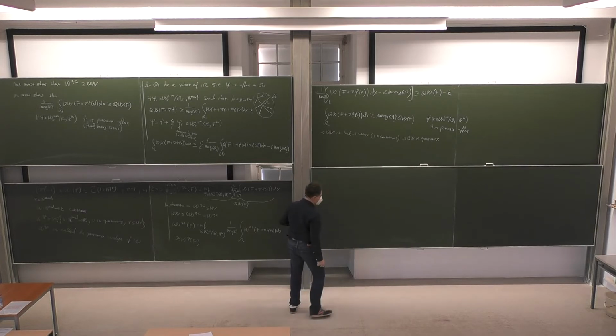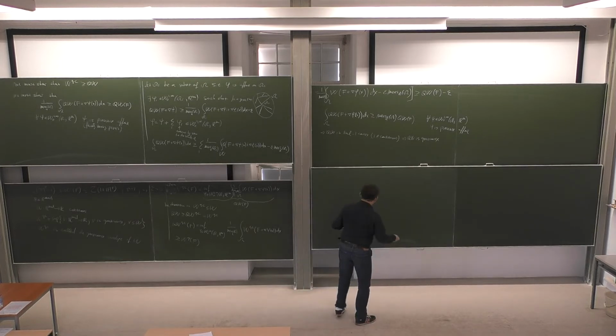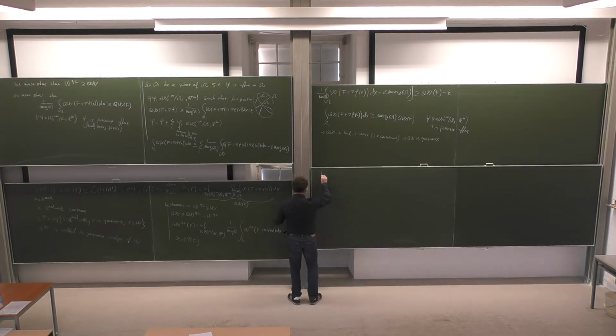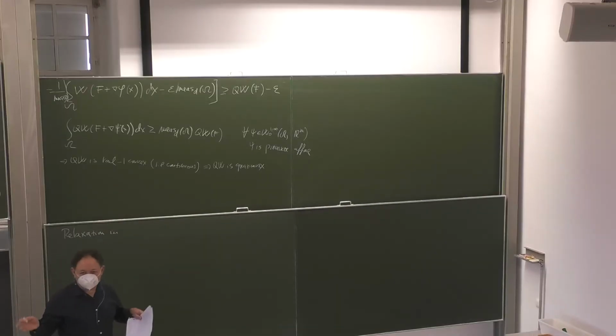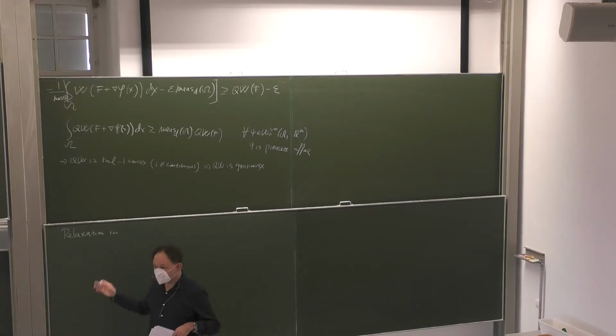So there is a technology which is called relaxation. You can relax in various ways, for example, lay on the sofa, but that's the difference. So it's relaxation in the calculus of variations.